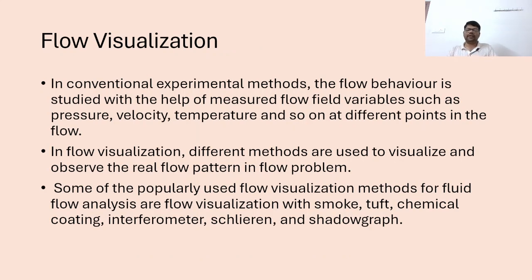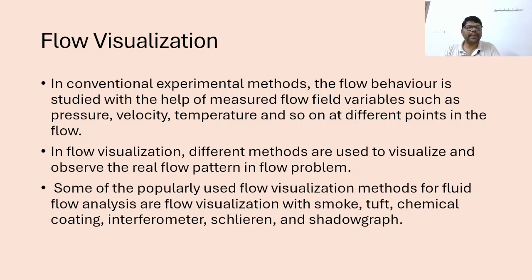Then the third method of experimental investigation is the flow visualization method. In the conventional or direct experimental method, in order to understand the behavior of flow, we need to measure flow field variables such as pressure, velocity, and temperature at different points in the flow.